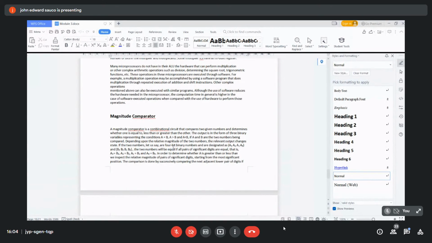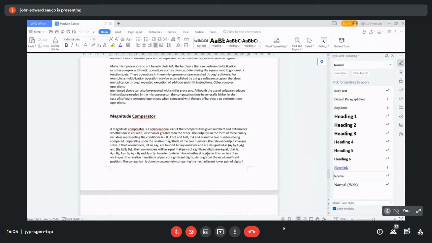So, siya is 4-bit binary number. Okay? The two numbers are equal if all pairs of significant digits are equal. Yung A3 sa B3 is equal, A2 sa B2 is equal, all is equal, then sila is equal.